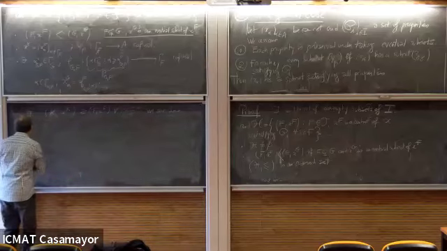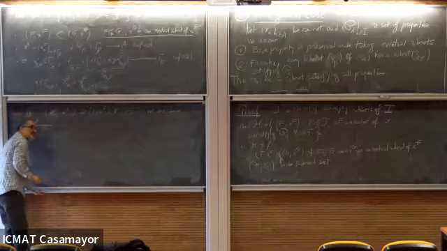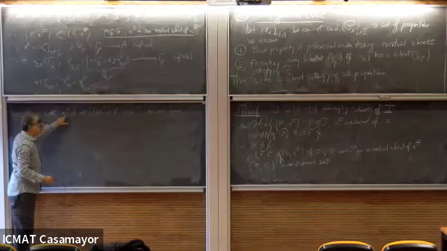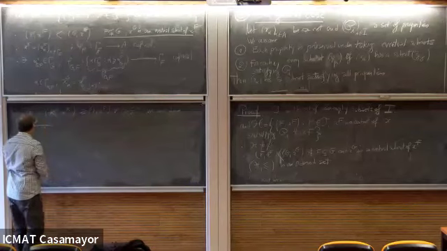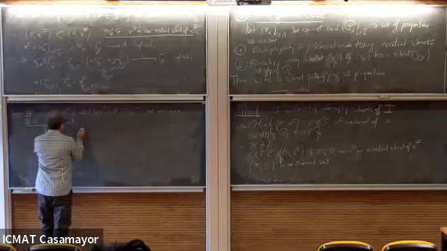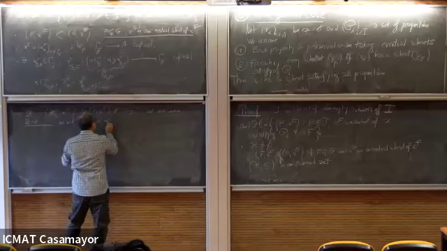And if not, what will be the k and which will be the net? We need some upper bound. We will find an upper bound.